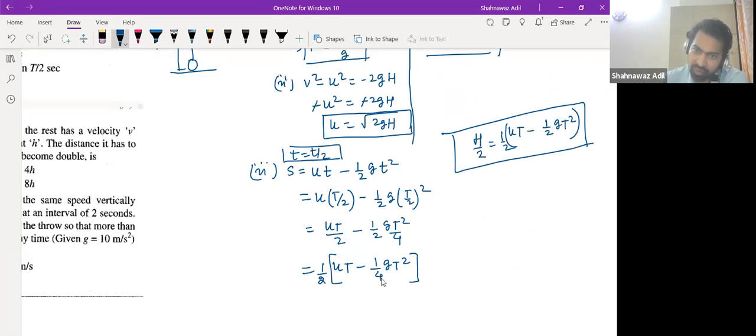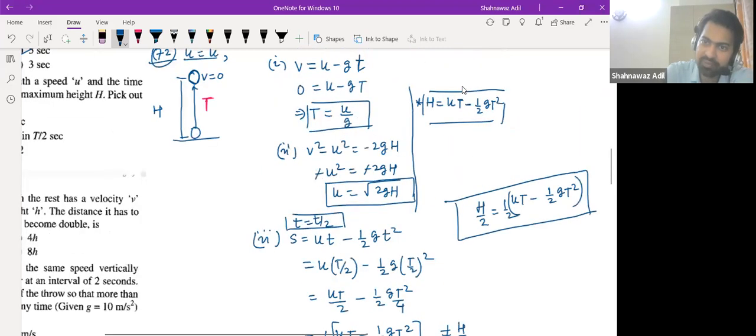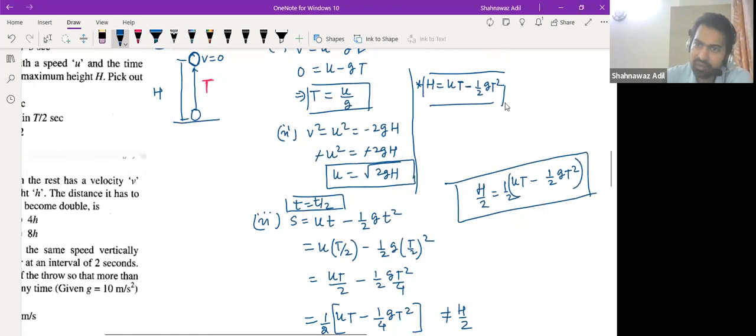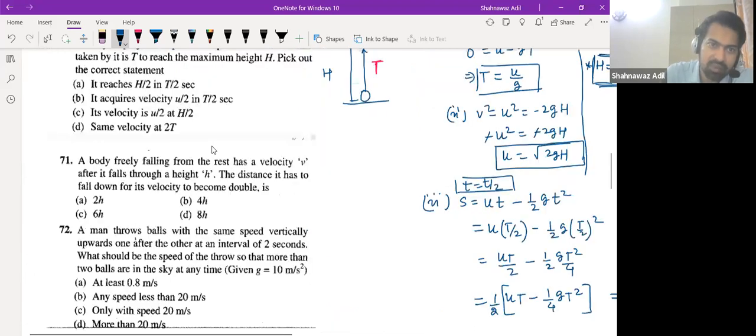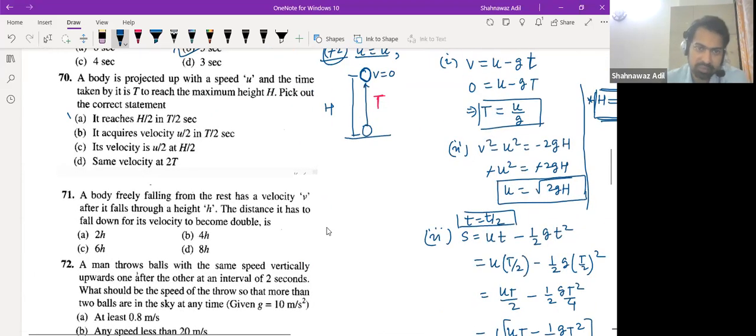We have 1 by 4. So this is not h by 2, because h is this, right? So the first option is not correct.